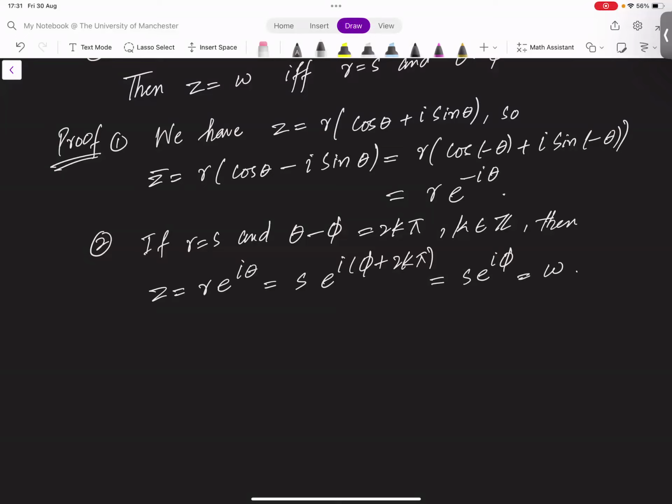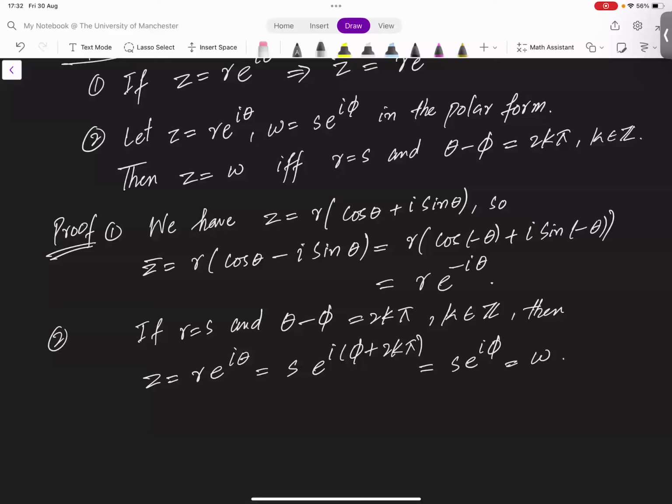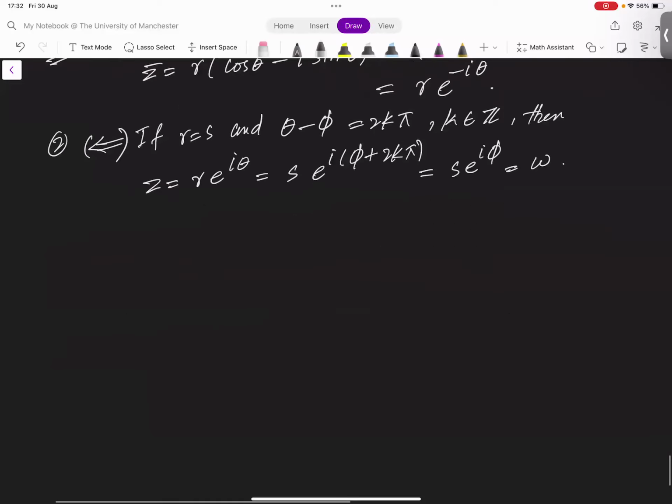So it is true. This does the right to left implication. The statement is: if these two are equal, then these two are equal. This part shows this. Now we will show the other part.